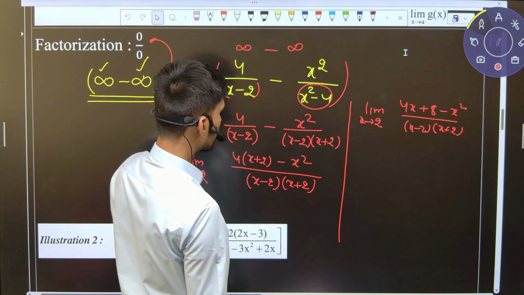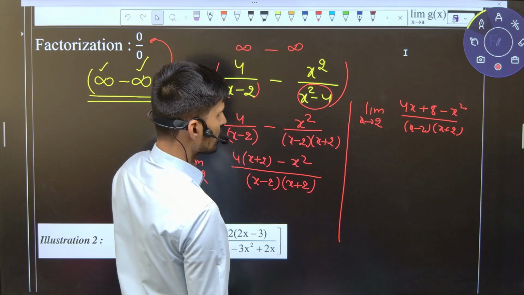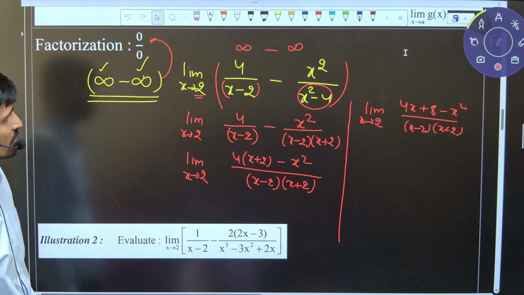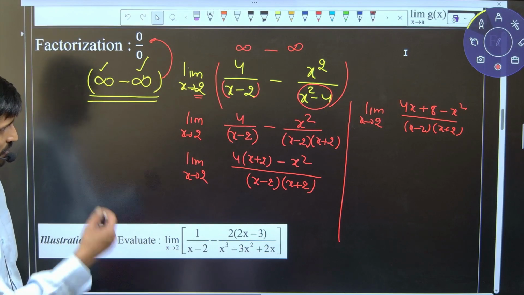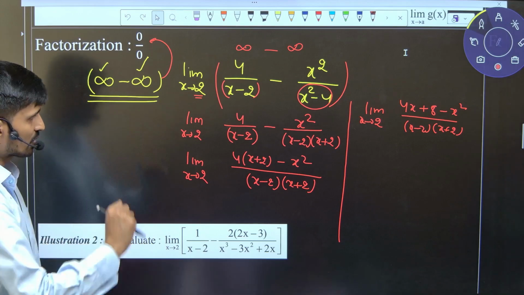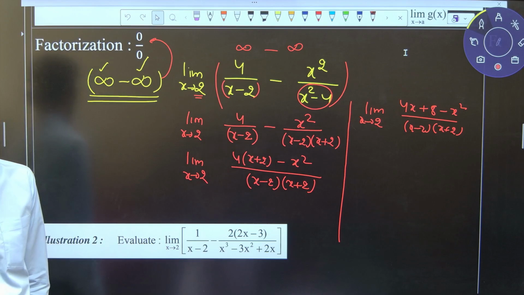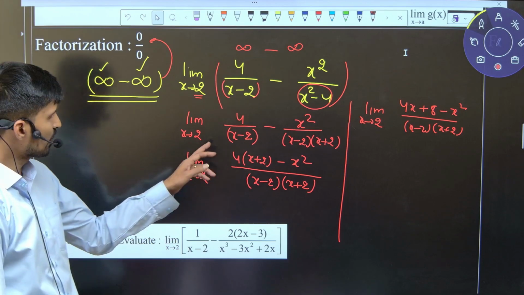Something is wrong or what? Minus x square, infinity minus infinity, something. Second step, is anything wrong there?